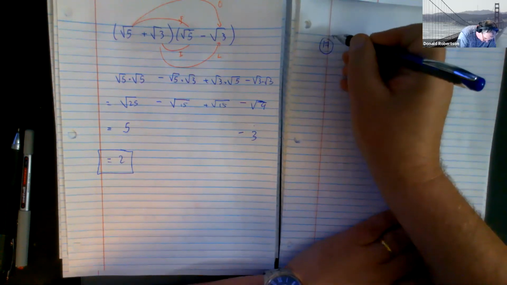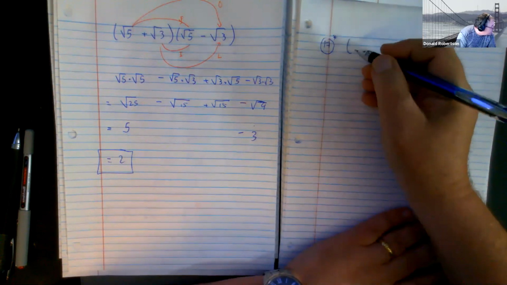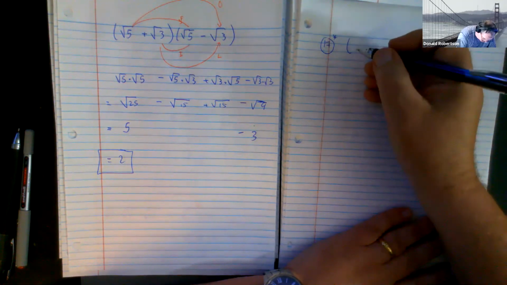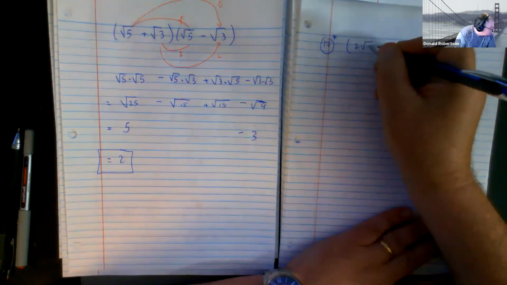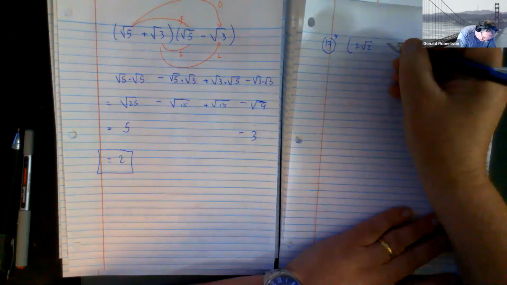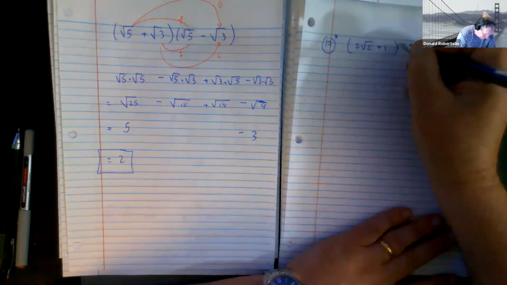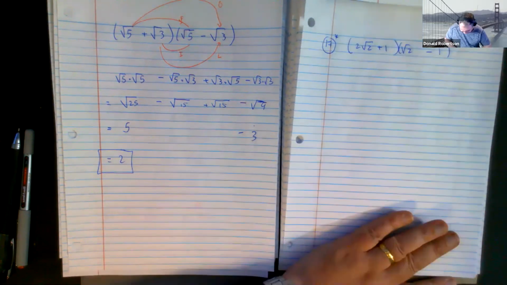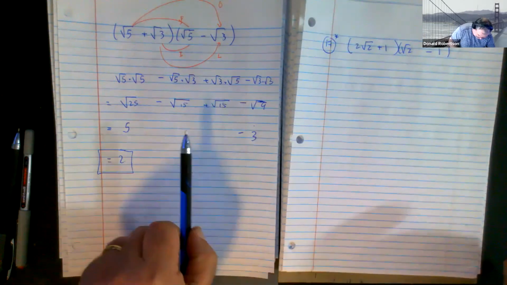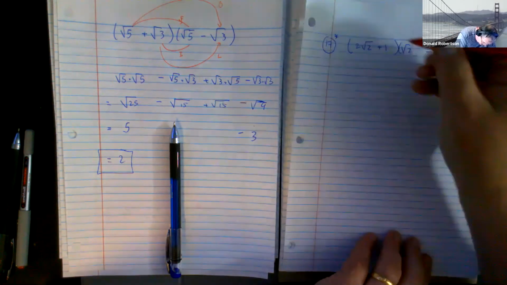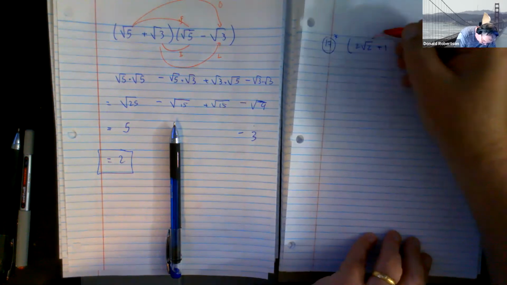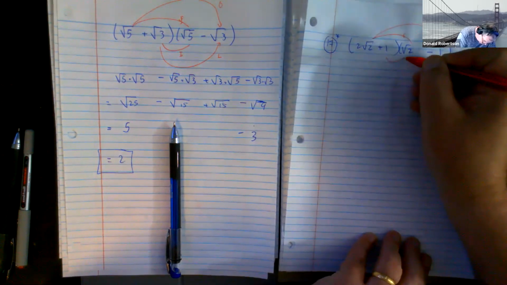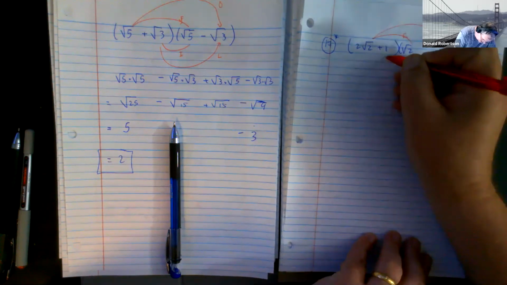This fella is question 17. We're almost finished this section. A couple of horrible ones to finish, and that's us. 2 square root of 2 plus 1, and a square root of 2 take away 1. So it's going to be first, outer, inner, and last.